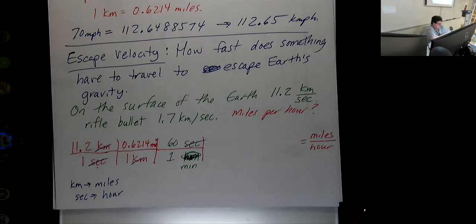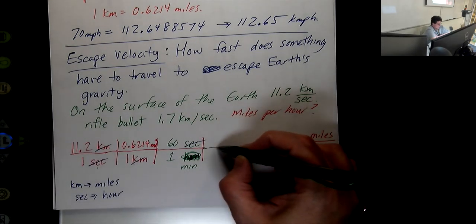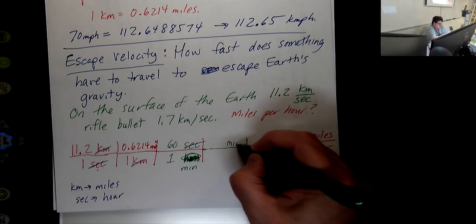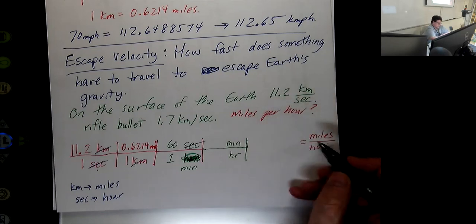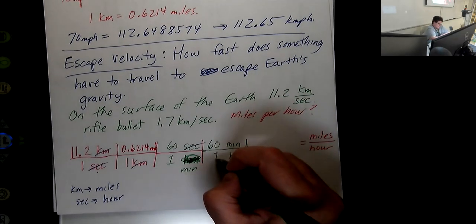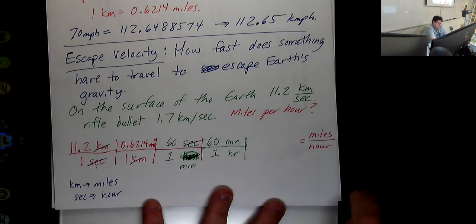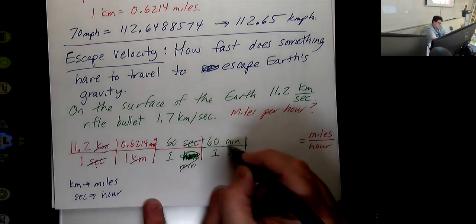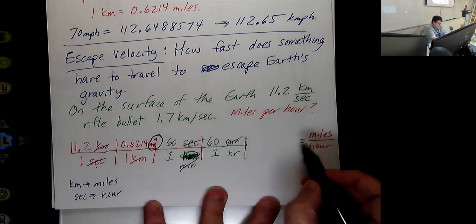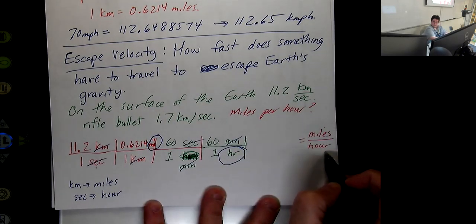My bad. If I want to go to hours, I need to dump minutes and pick up hours. I was getting a little hasty there. And I know there's 60 minutes in 1 hour. So I can cross off minutes now. And the units I'm left with are miles per hour, miles on top, hour on bottom, and that's what I want.